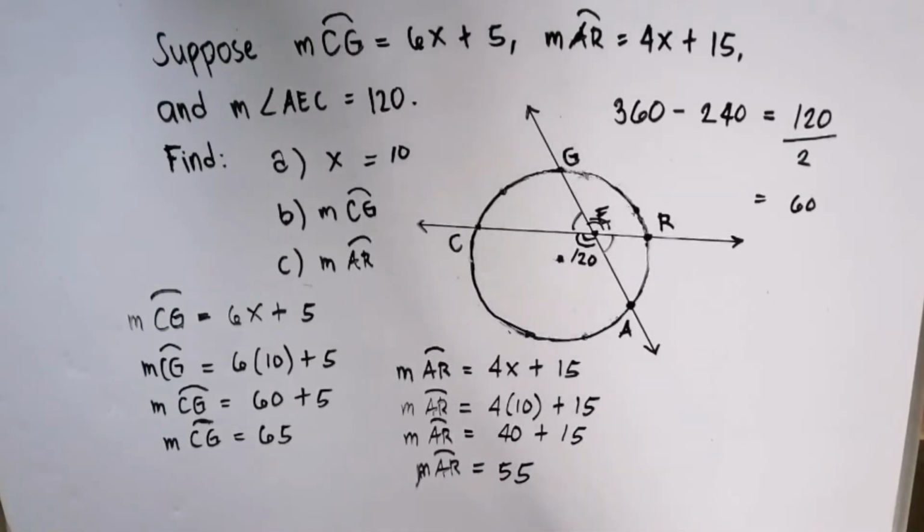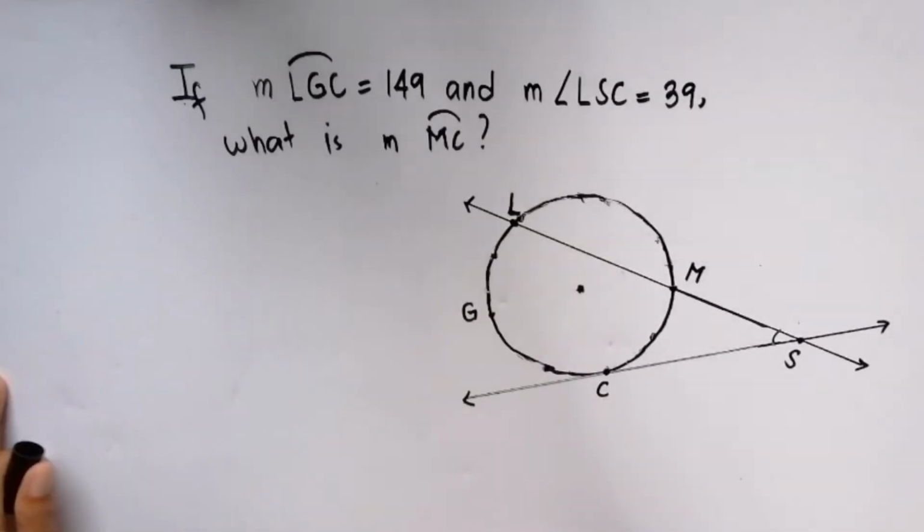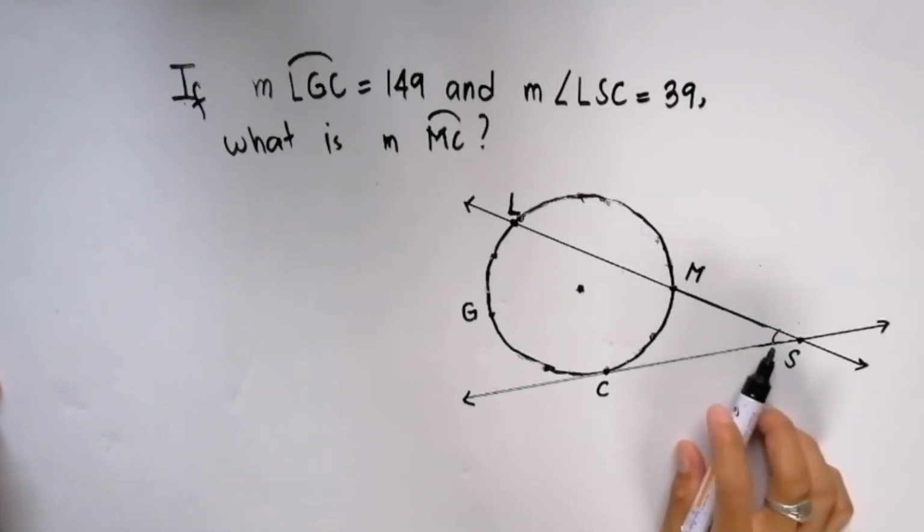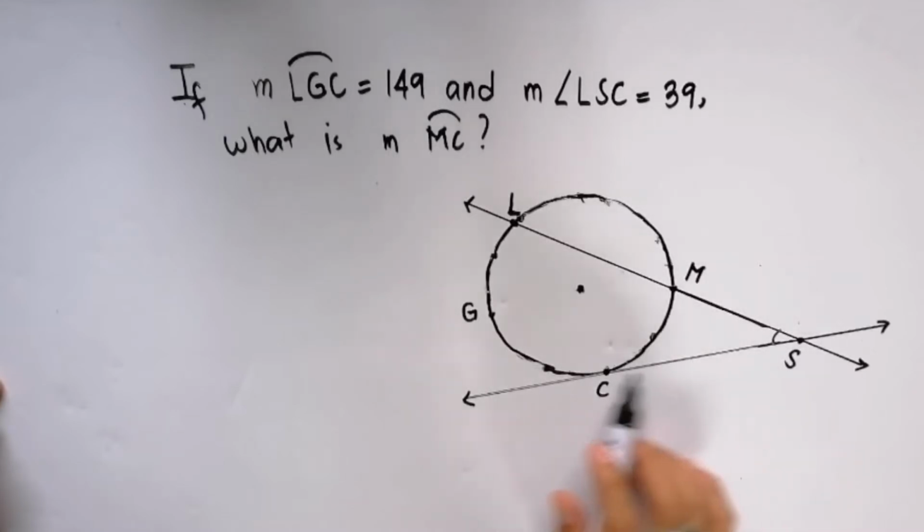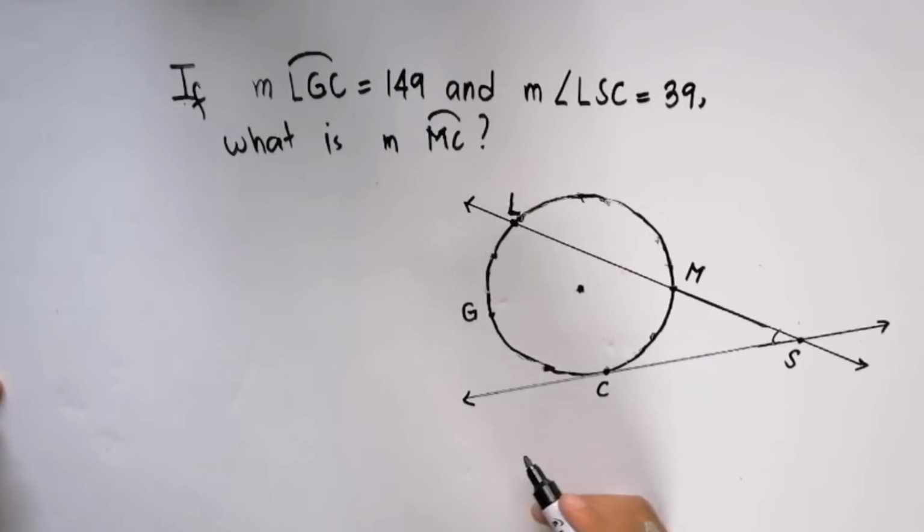If the measure of arc LGC is equal to 149 and the measure of angle LEC is equal to 39, what is the measure of arc MC? So again, the measure of this angle is equal to 1/2 times the measure of this arc minus the measure of this arc.